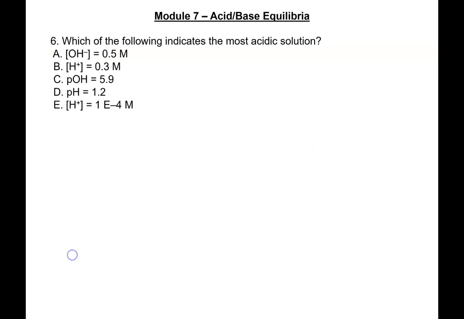All right, that takes us to problem 6, the last one in this short video. Which of the following indicates the most acidic solution? Now, we've got a variety of expressions here. We've got to put them all on a level playing field so we can compare them.